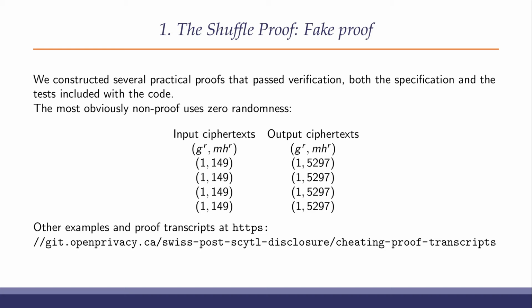On the left-hand side, as a demonstration, I've used 0 randomness for ElGamal encryption, which obviously takes away privacy completely, but these are still valid ElGamal encryptions, and you can see that we can prove a correct shuffle of something that starts with messages, 4 different copies of the message 149, and produces a different message, which is 4 times the message 5297, and we can prove, and you can verify if you have a copy of the code, that this is a valid shuffle when in fact it's obviously not a valid shuffle.